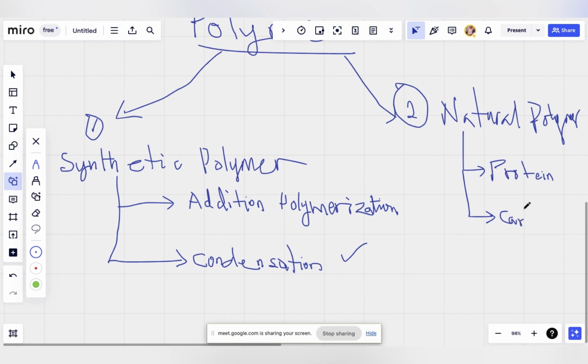The third one is fat or lipid. We're also going to look at the fats and lipids as natural polymers.